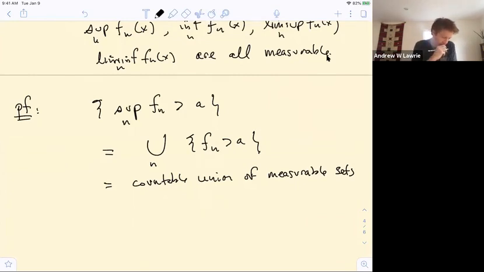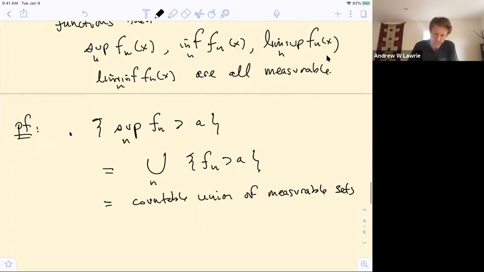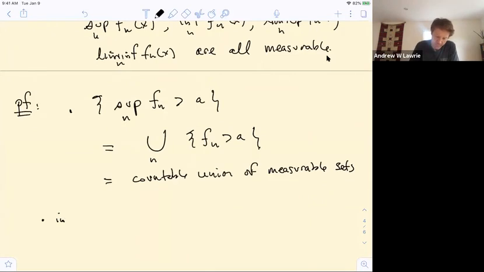And so that handles this sup. The inf is the same argument, or a nearly identical argument.